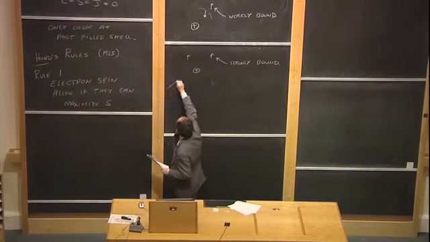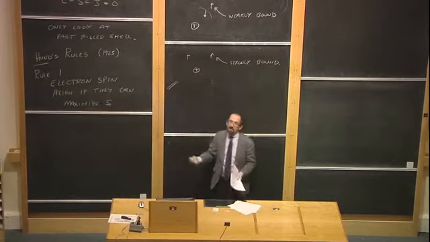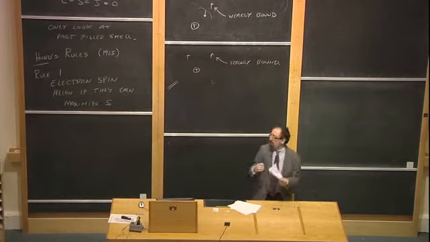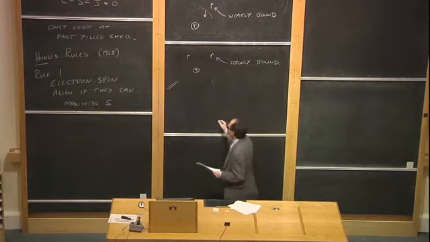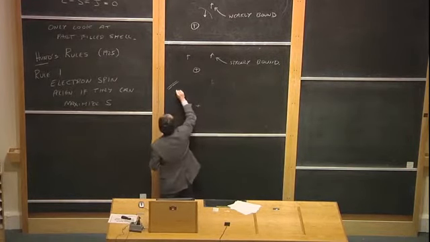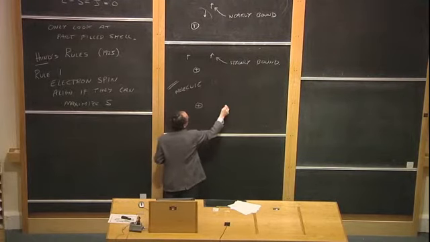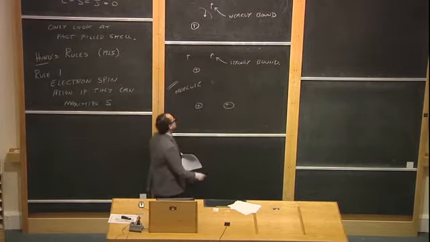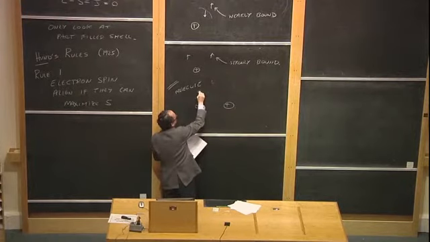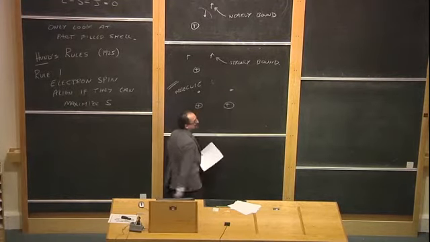Okay, so we can even generalize Hund's rule up from atoms to molecules if we want. Suppose we have a molecule with 2 positive nuclei and say 2 electrons up here. It's exactly the same physics.